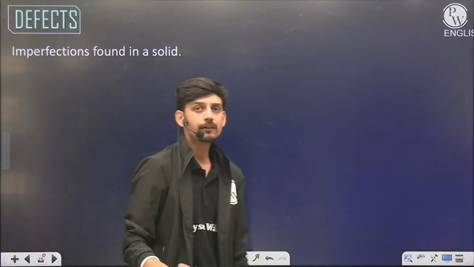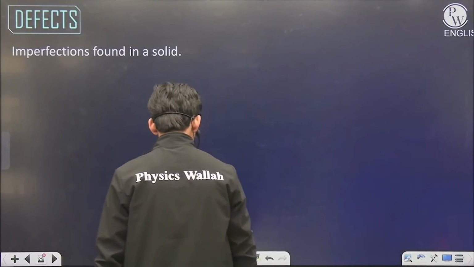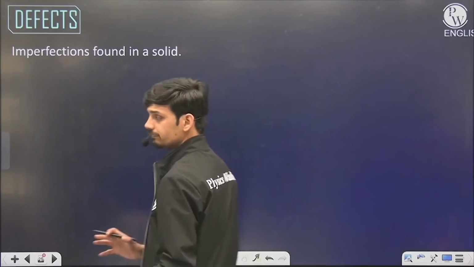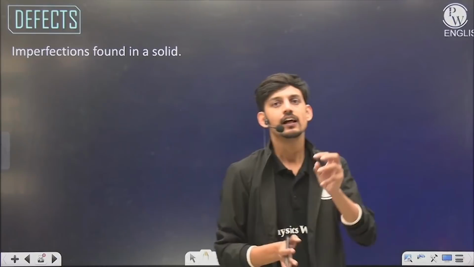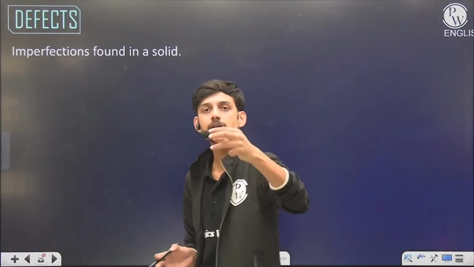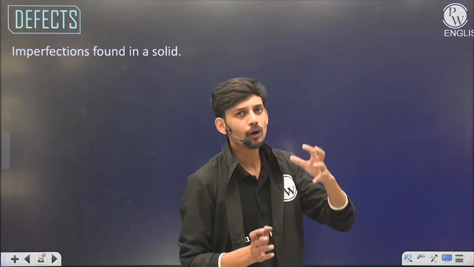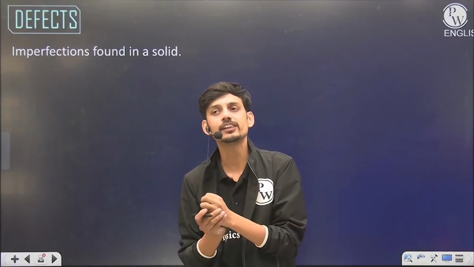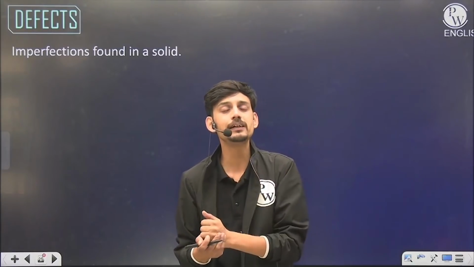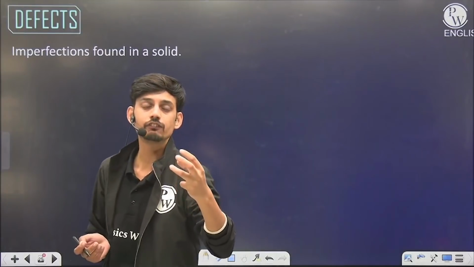Now there is imperfection, there is defect in the solid. So what are the defects? Whenever a solid is being formed, the solid is getting crystallized, the atoms are trying to attain their desired position. Sometimes the process can be altered due to external effects. Sometimes we speed up the process, and the atom doesn't get the chance to reach the place where it wanted to.